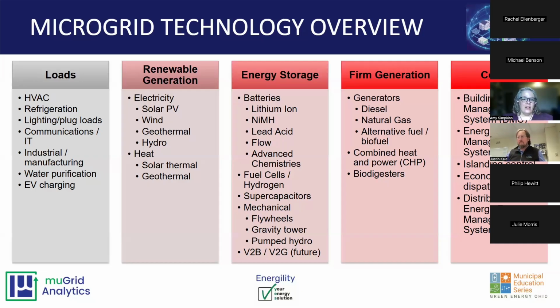And then the last thing I'll comment on firm generation is, to the original point that I made, there's a solution called combined heat and power, which is incredibly fuel efficient because it allows you to not only generate electricity from a fuel-based generator, but also take the heat offtake and use it. So you get more bang for your buck.